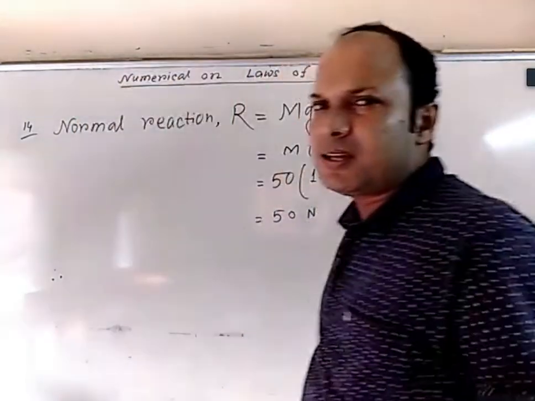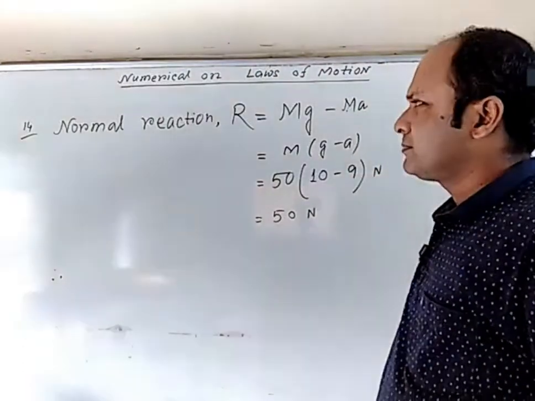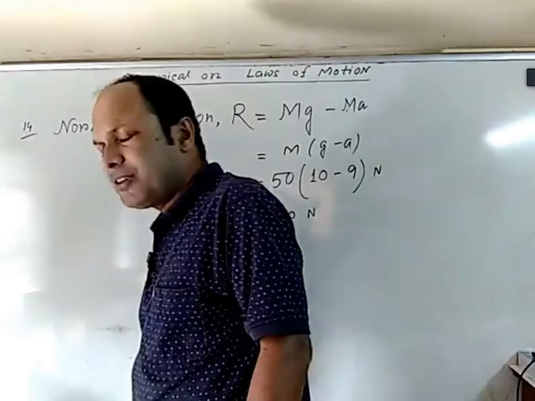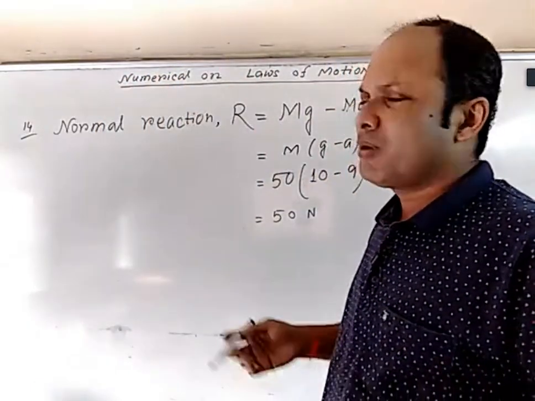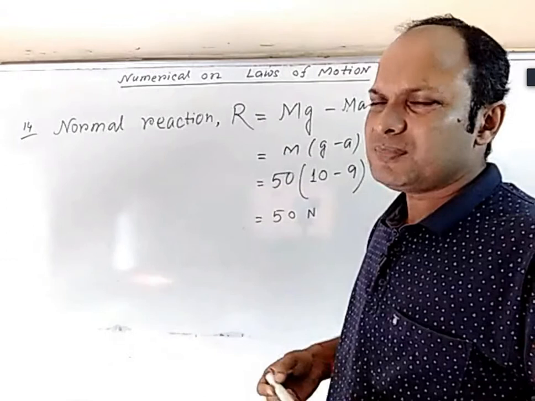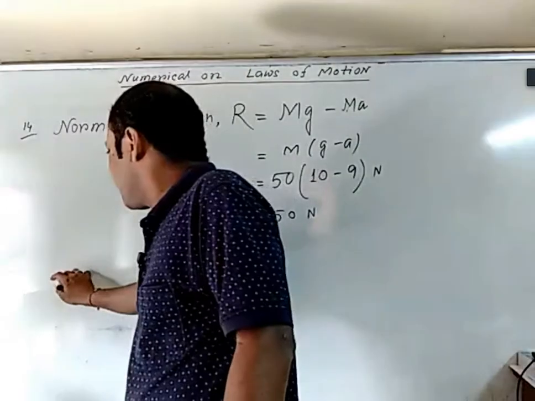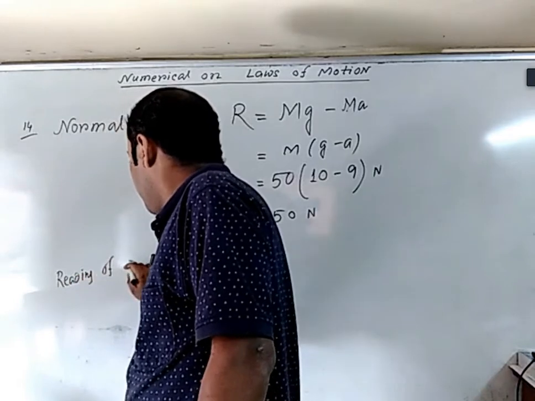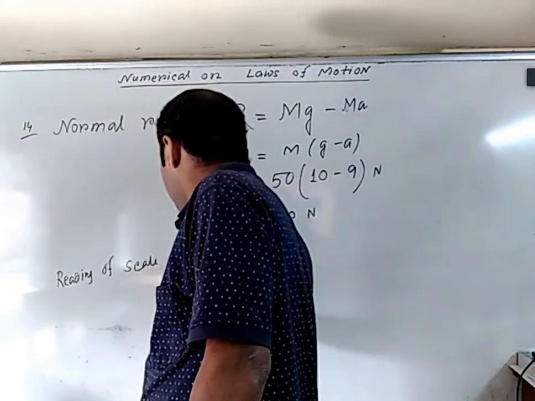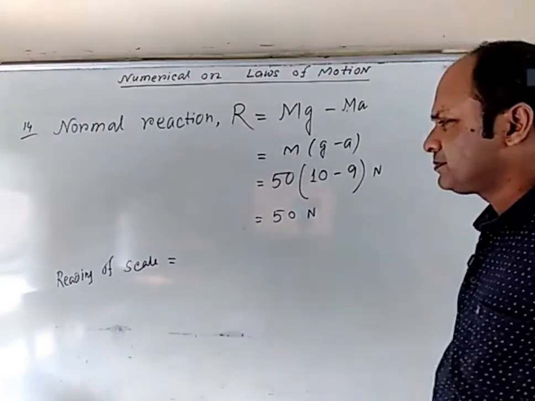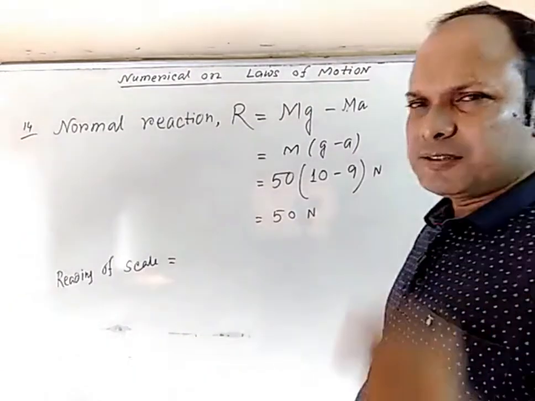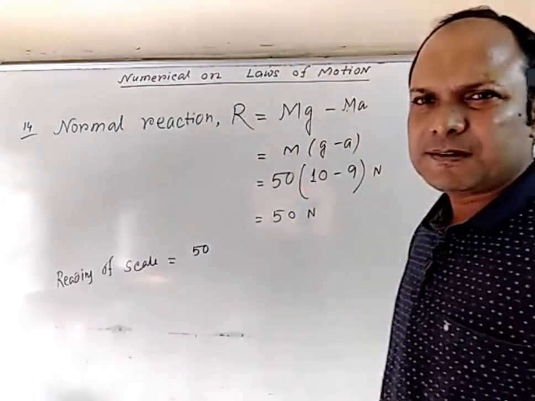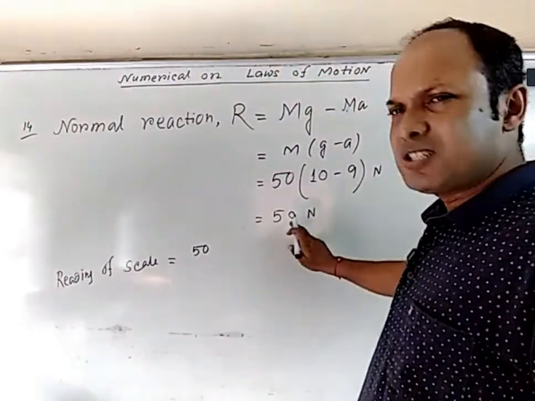Therefore, you are asked to find the reading of the weight machine. The reading of the scale is 50, the normal reaction.